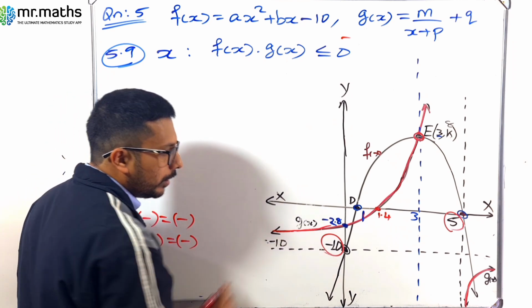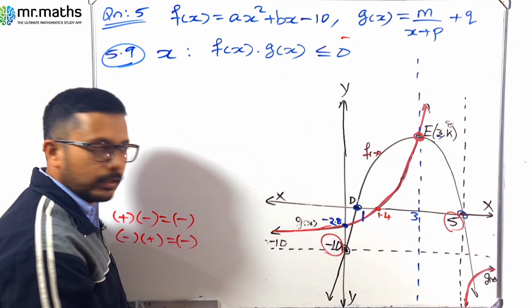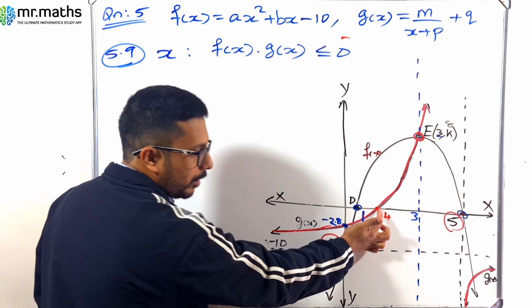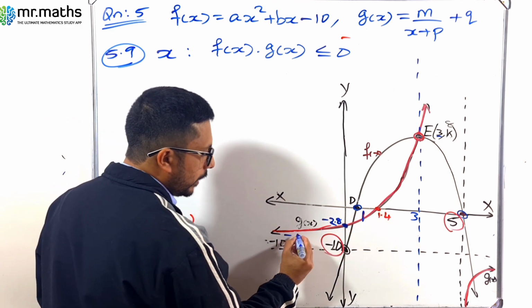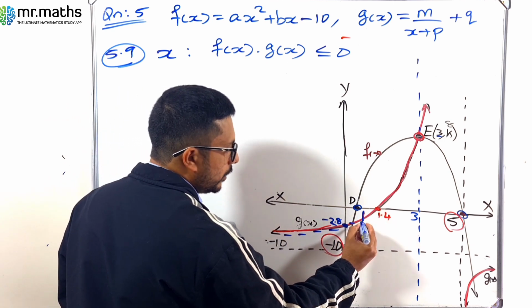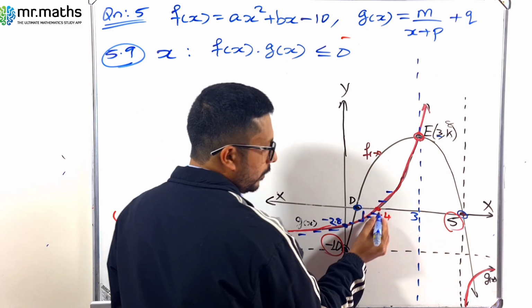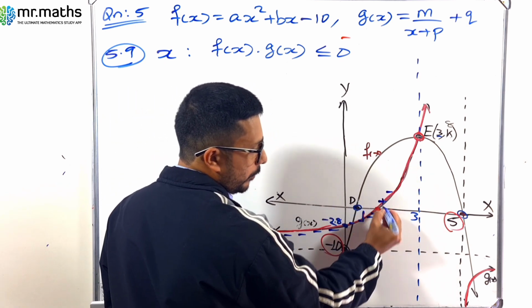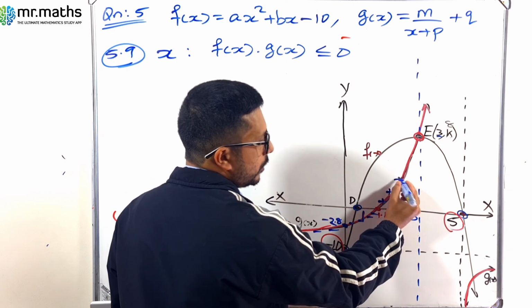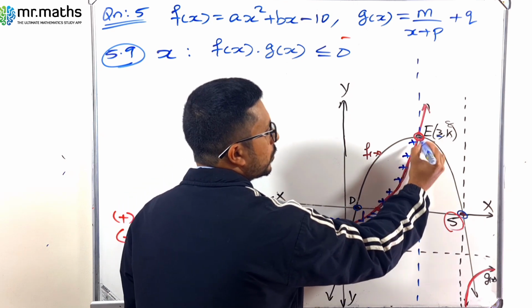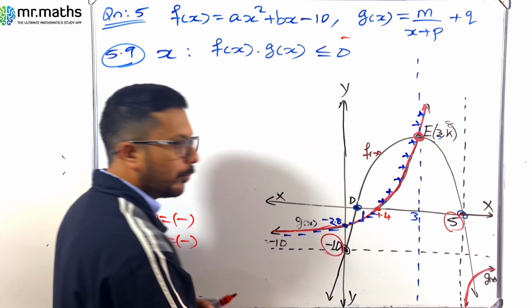So is this one above x-axis or below x-axis? Here it is below x-axis up to here. Okay, so here negative, negative, negative. Above x-axis positive, that means from here positive, positive, positive, like that, above x-axis.